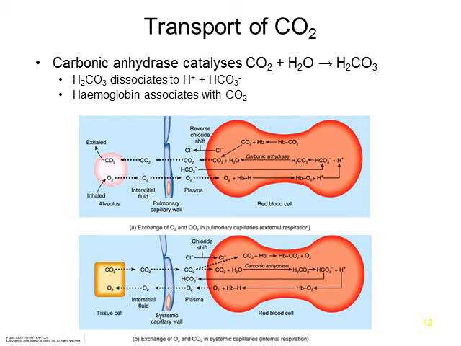The protons will then remove an oxygen from the haemoglobin, releasing an oxygen into the plasma. This then diffuses across the systemic capillary wall into the interstitial fluid to be used by the tissue cells. The bicarbonate ion that's produced from this reaction diffuses into the plasma and is there to maintain the buffering of the pH.